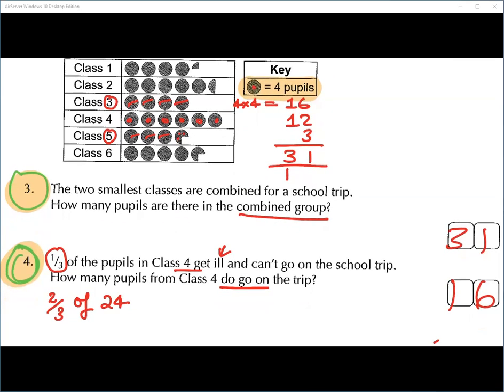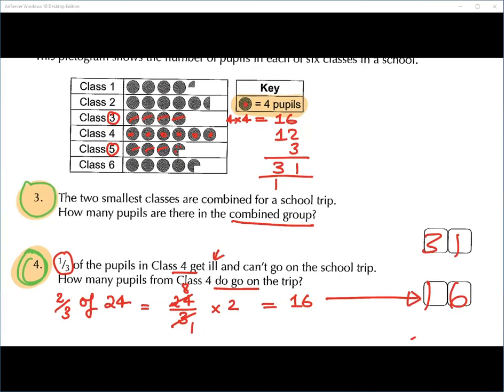So how do we work out 2/3 of 24? 24 divided by 3 times 2, which is equal to 16. So you need to first of all work out how many people there are in class 4, which is 24.